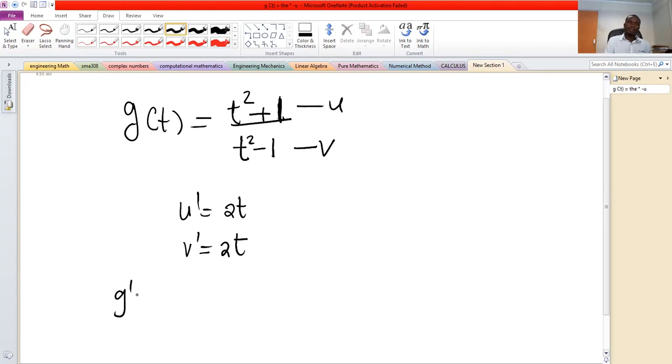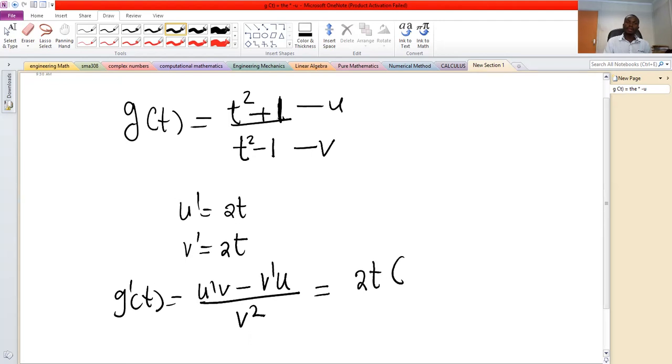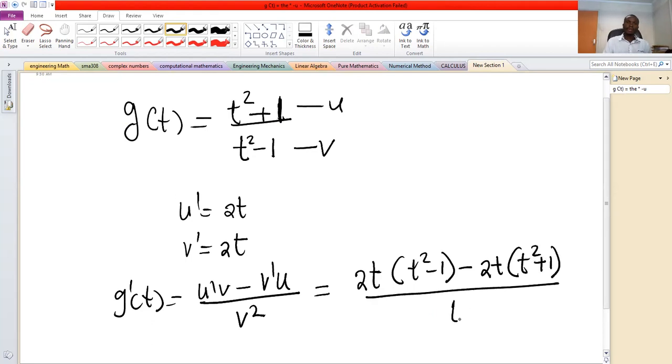So g prime of t will give you u prime v minus v prime u divided by v squared, which will be 2t into (t squared minus 1) minus 2t into (t squared plus 1), divided by (t squared minus 1) squared.